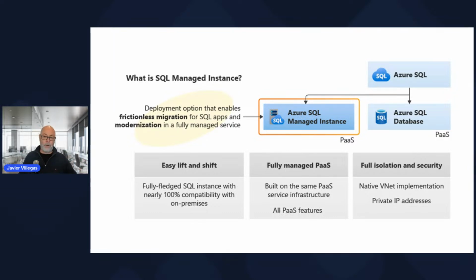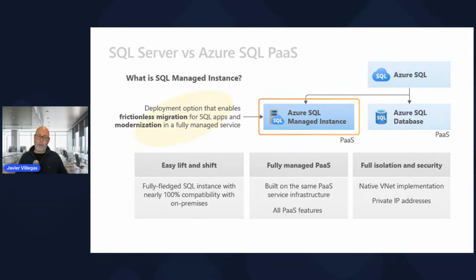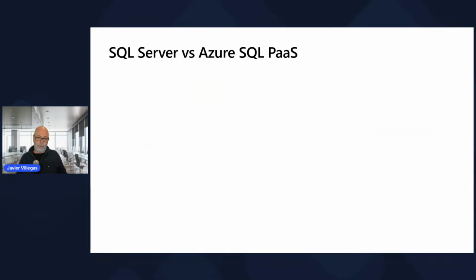But then, if we have the possibility and we would like to explore and have all the benefits of platform as a service, of PaaS, right? We need to migrate that virtual machine to a managed instance. Instead, if we are planning to build a brand new application that requires a relational database as a backend, definitely Azure SQL database should be the preferred option. All right. We're going to dig into that a little bit more.